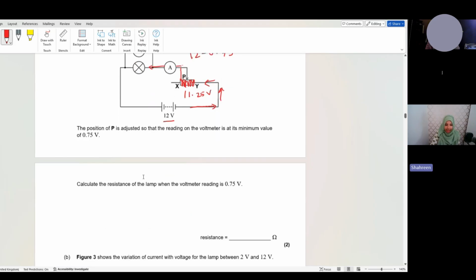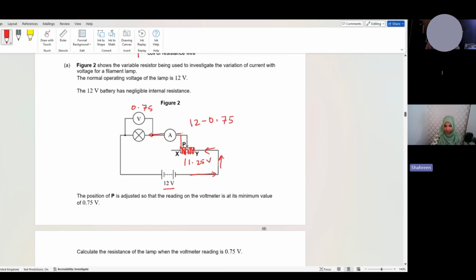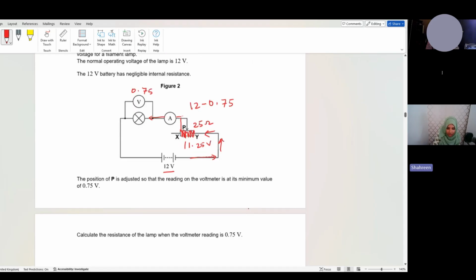Okay, so now calculate the resistance of the lamp when the voltmeter reading is 0.75 volts. So what can we do? What do you think? You could do the ratio. Very good, exactly. We don't know the resistance of the lamp, so I'm going to call it R1.